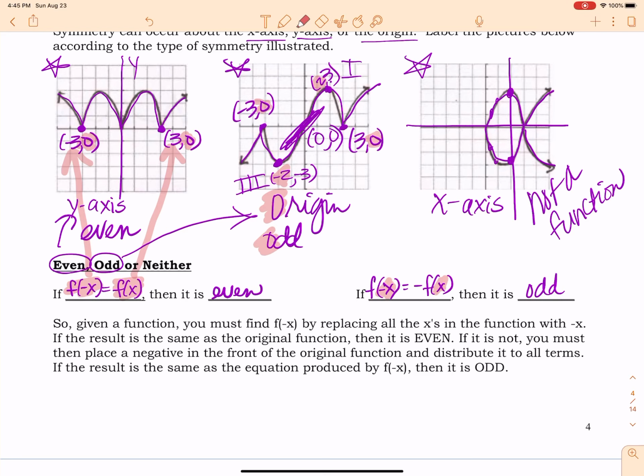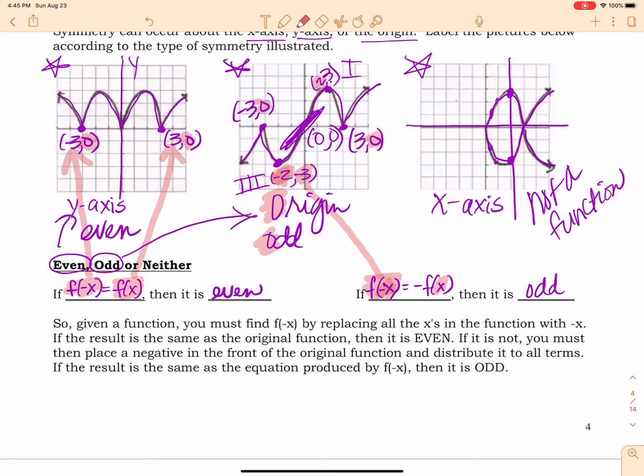I know you kind of have to wrap your brain around this, but work with me. So f of negative x is right there, that negative 3, because the negative x is right here.